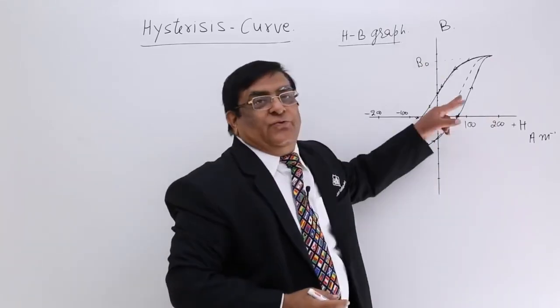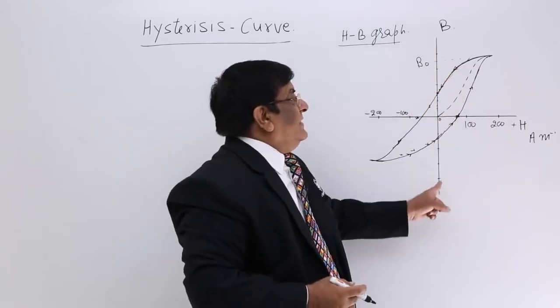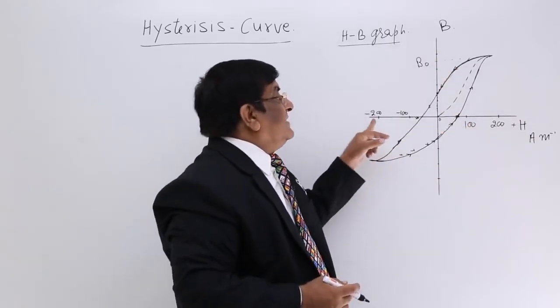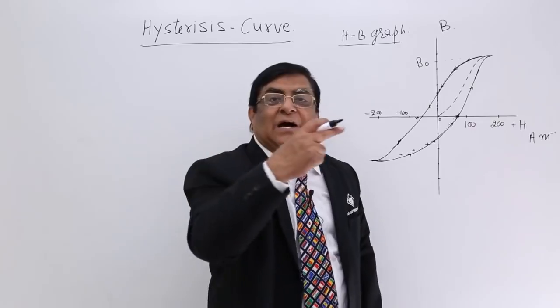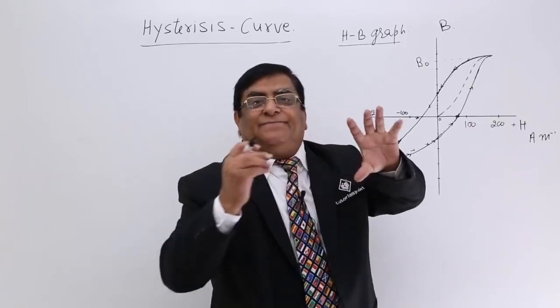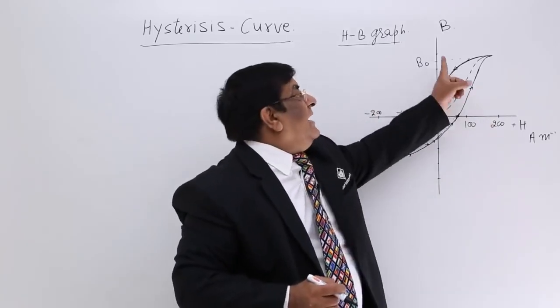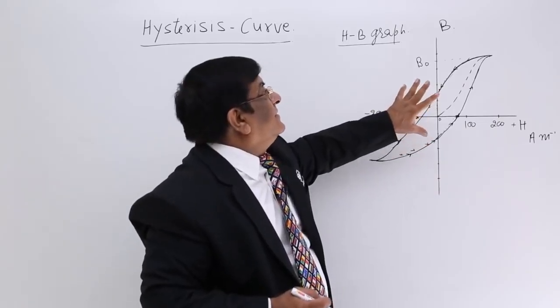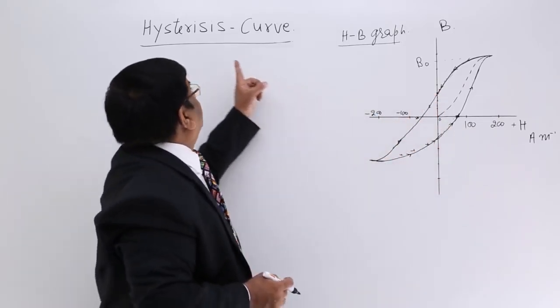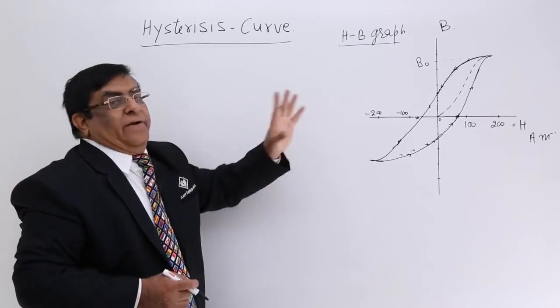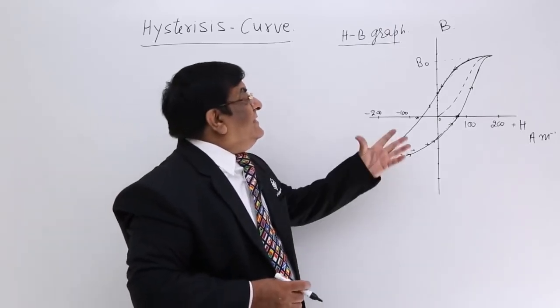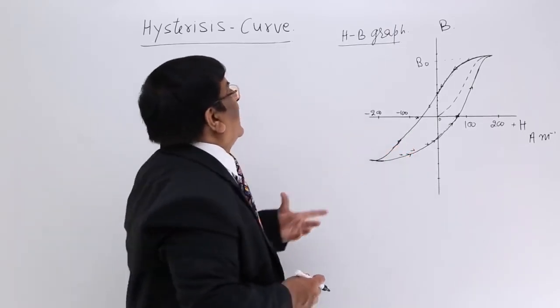So this process goes on within the ferromagnetic material. And this is H, the magnetizing force we are applying in the solenoid. So H and B. This graph or this curve is known as the hysteresis curve. So in this hysteresis curve, what is happening?